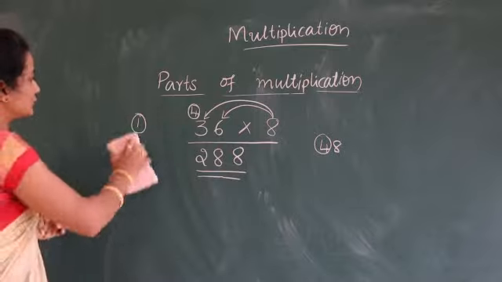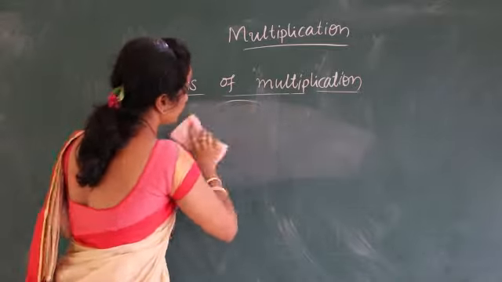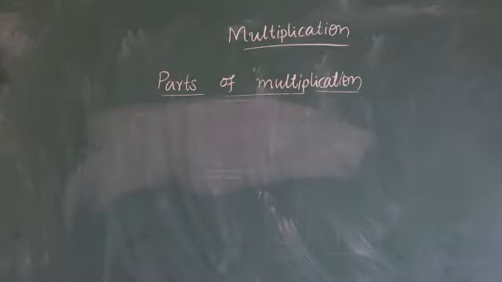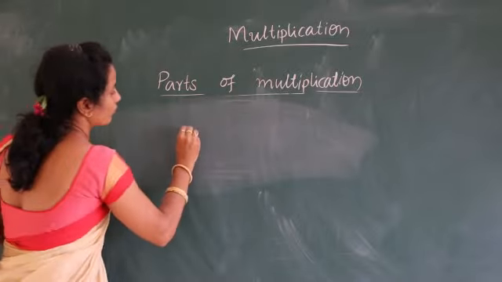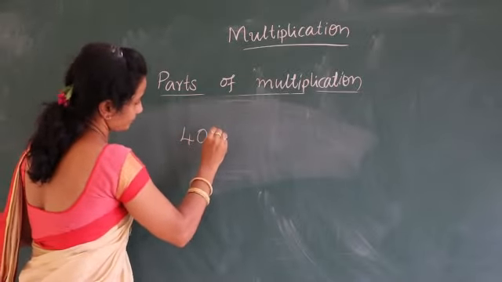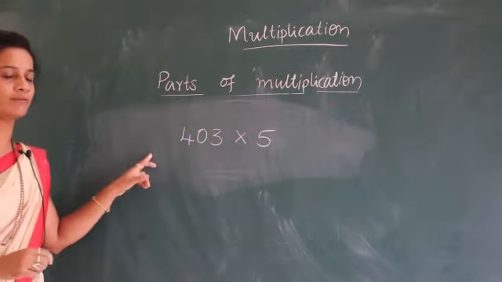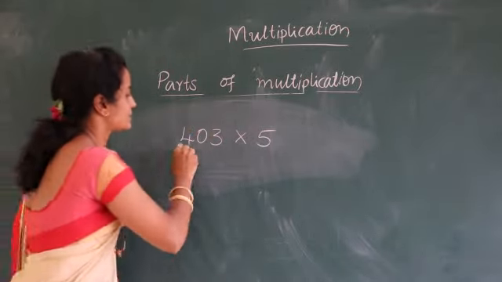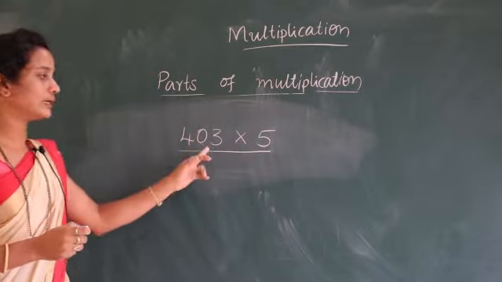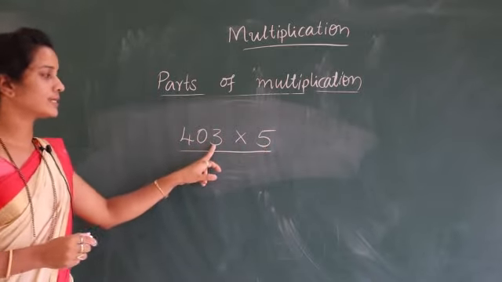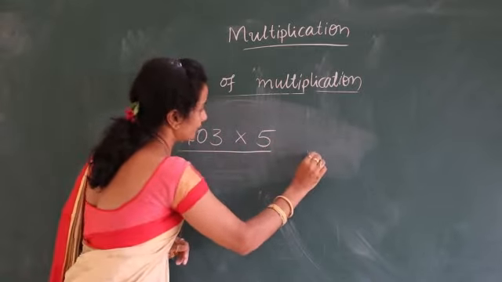Okay, now move on to one more example. 403 is multiplied by 5. Here also the steps are the same. We are going to multiply. 5 3s are 15.